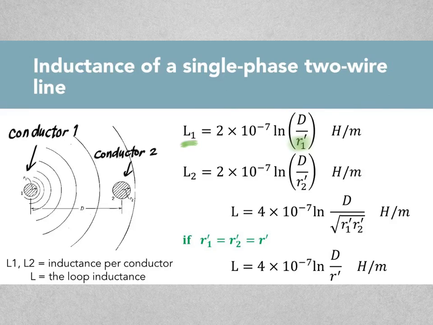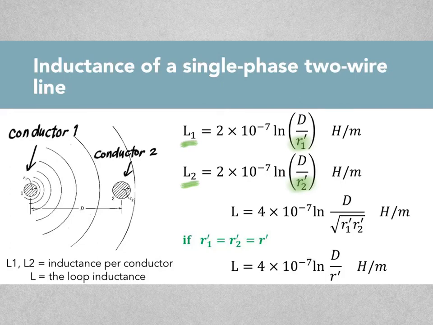And then for conductor 2, the same thing. Conductor 2, and outside of it is conductor 1, so there are flux linkages between those two. So we made use of the L12 formula a while ago. So L2 here is, note that R sub 2 prime is what we used for the denominator.